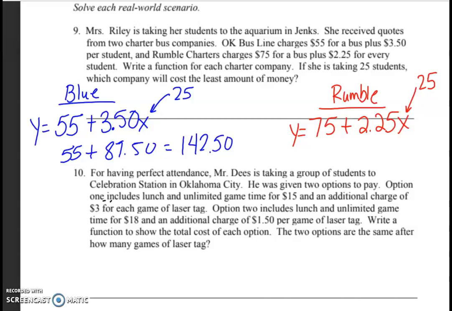So if you go over here and you use Rumble, you're going to do $2.25 times 25 students. That leaves you with $56.25. If you add 75, you get $131.25. So Rumble Company would be cheaper if you had 25 students.